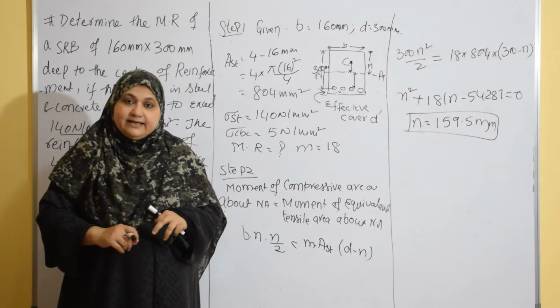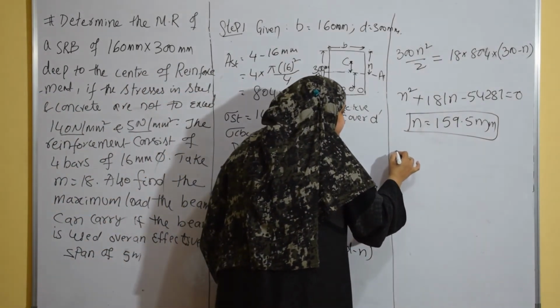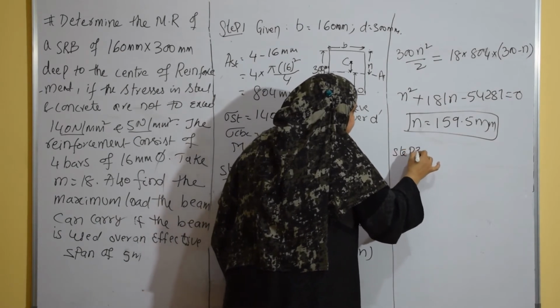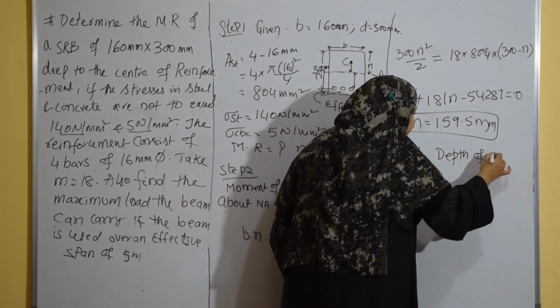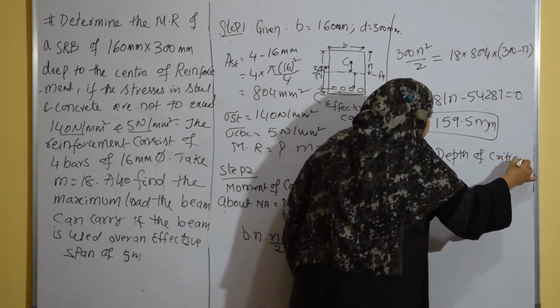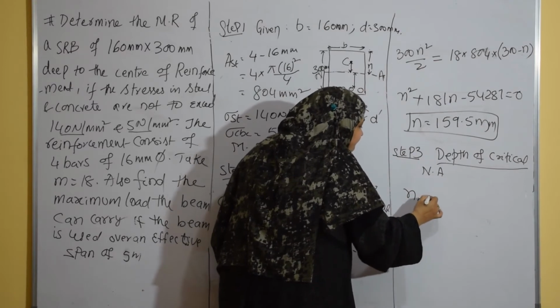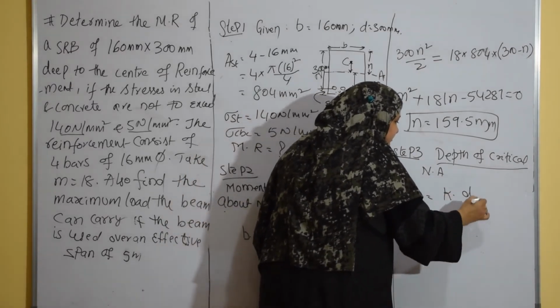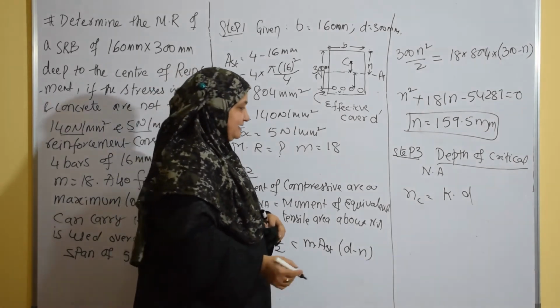Okay. Then immediately you have to find the depth of critical neutral axis, the depth of the balanced section neutral axis. That is NC. We have a direct formula, K into D. What is K? The neutral axis depth factor.